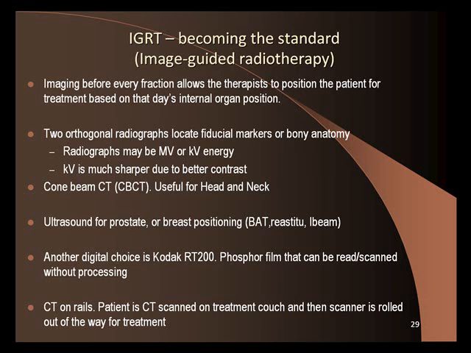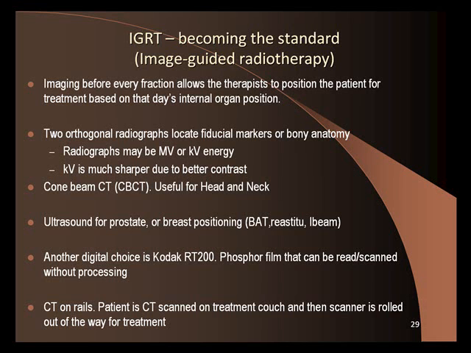And so we could do a CT scan every day, and we do. For head and neck patients, we do a CT scan every day, and we compare the CT scan that we do on the treatment machine to the CT scan that we had originally. We look at the position, we compare. So again, you could do 2 orthogonal radiographs, or you could do cone beam CT if you have the equipment.